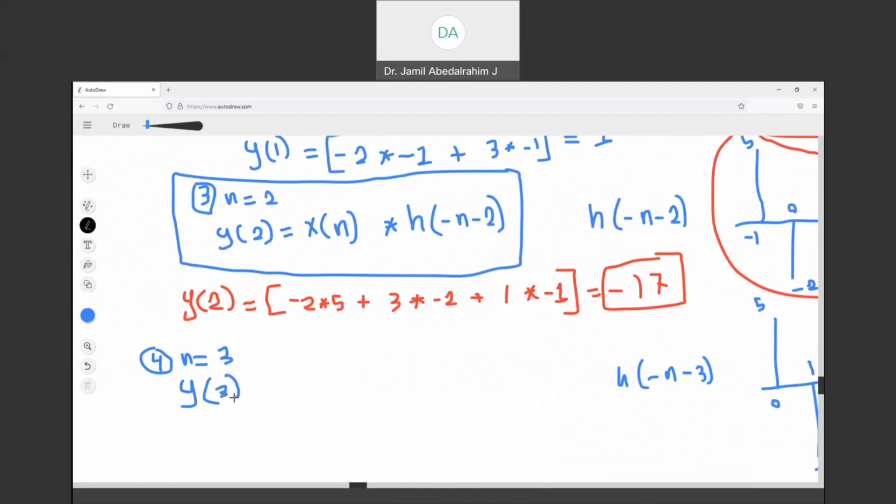To find y of 3, we need to multiply x of n by h of negative n minus 3. To multiply them, we need to find the shared signal or the similar location between x of n and h of minus n minus 3.